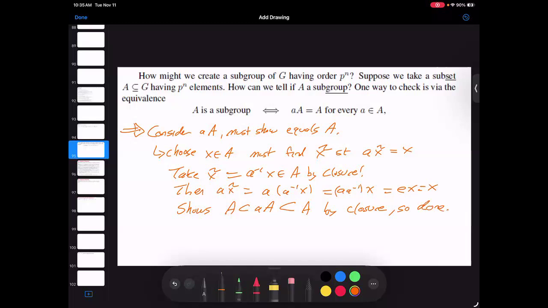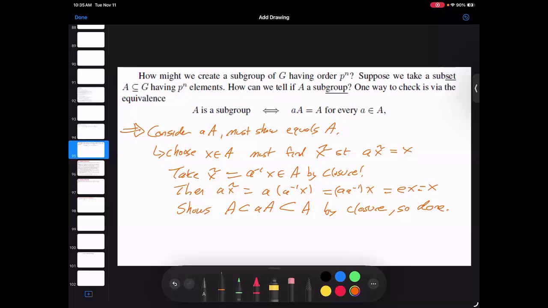So we're done. So you have to be really careful about this on exams. You have to be really careful about this on the homework. It's not enough to just show that A is contained in a times A. You have to show the other direction, that a times A is contained in A, so we just have to be a little bit careful.